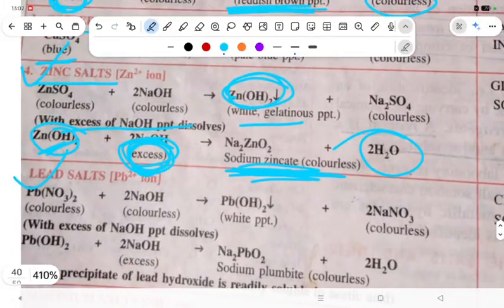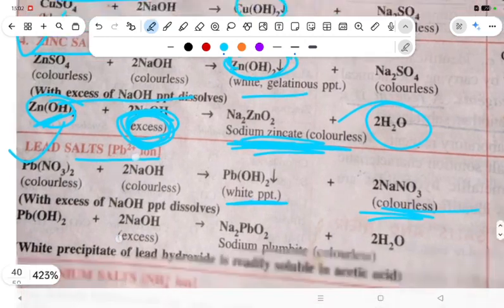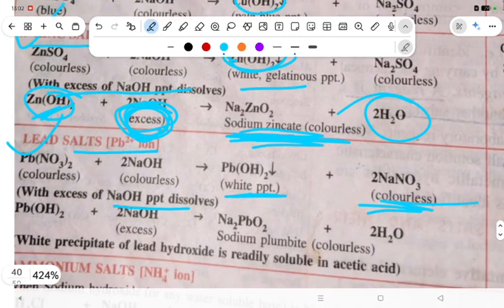Lead salts, Pb2+: Pb(NO3)2 is colorless. NaOH colorless. Pb(OH)2 is a white precipitate plus NaNO3, colorless. With excess NaOH, the precipitate Pb(OH)2 is the reactant, here is the product, and here we write reactant plus 2NaOH excess.